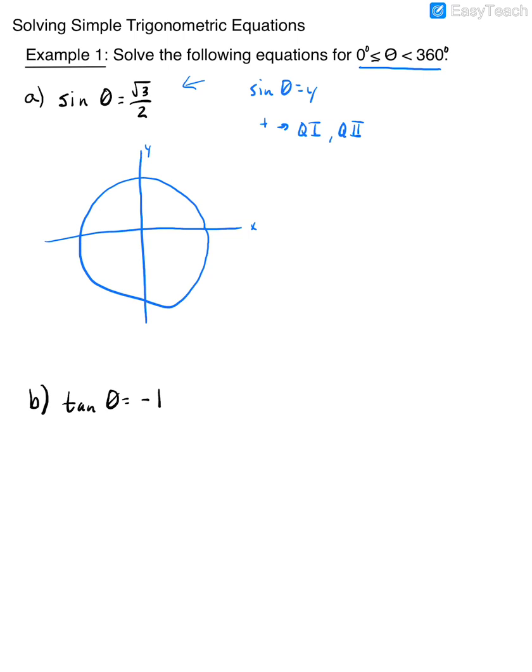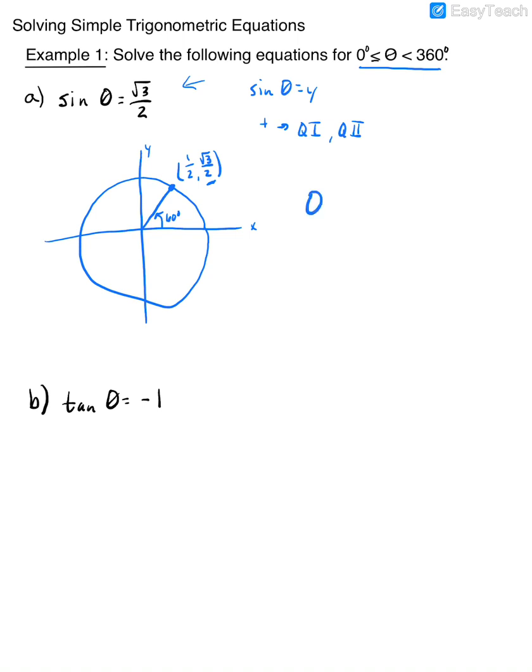So looking in the first quadrant and looking at your unit circle, hopefully you notice that at 60 degrees, you have the ordered pair of 1/2, comma, square root of 3 over 2, right? So that's one instance where your theta of 60 degrees gets you that square root of 3 over 2 for sine.